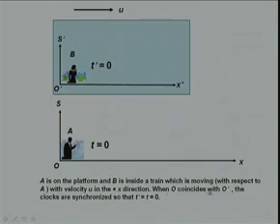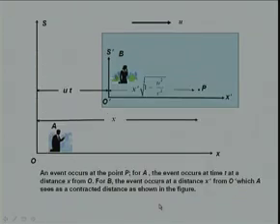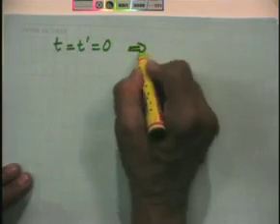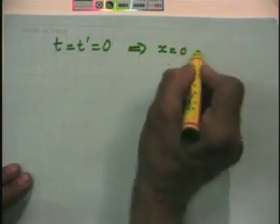When O coincides with O prime, the clocks are synchronized, so that t equals 0 equals t prime. At this time x is equal to 0 and x prime is equal to 0.